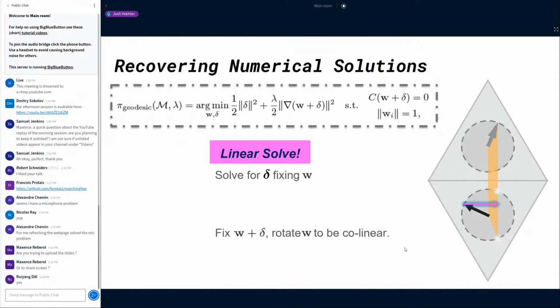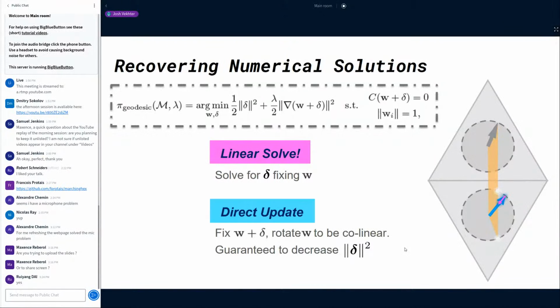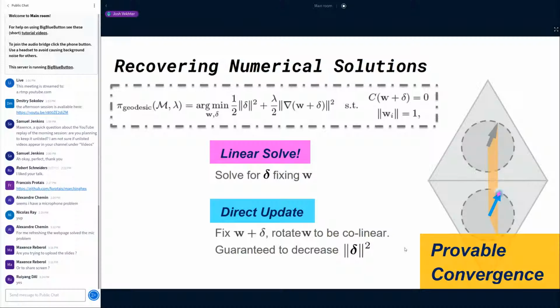And then after you do a global solve for delta, then you do a local update everywhere to project back onto the unit constraint. So you want your vector field to be unit everywhere, and you just iterate. You do a global solve for delta, and then you project back onto the constraint. And at every step, you can show that the objective decreases. So this algorithm will converge.